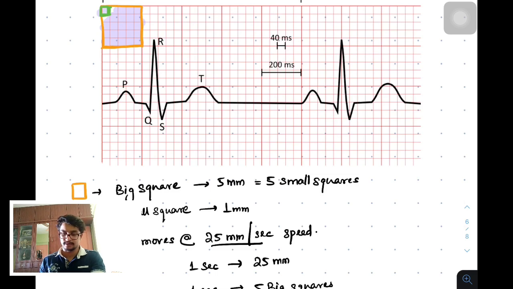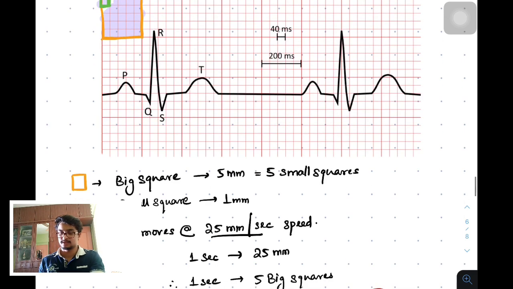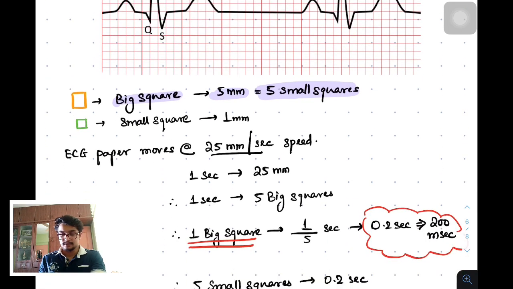The big square is 5 millimeters in length, and each big square will have 5 small squares accommodated along its length. Not that one big square has 25 small squares in total, but I'm telling you if you consider the length, one side of the big square has 5 small squares. So one big square is 5 millimeters, which means one small square is 1 millimeter.